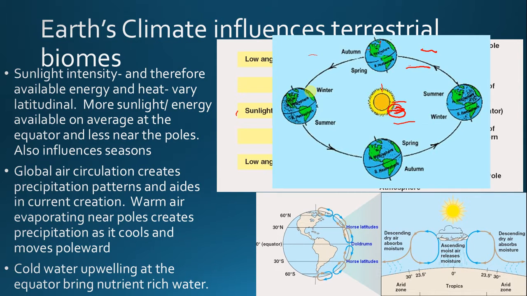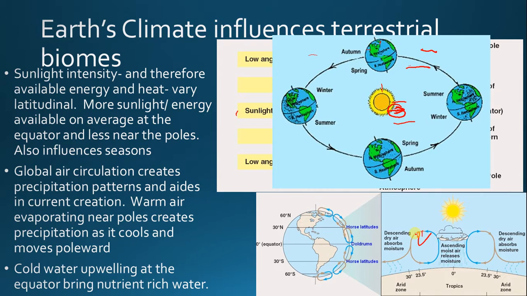Global air circulation, also due to uneven heating from the sun, creates precipitation and wind patterns. For example, here in this picture, warm air that is heated directly over or close to the equator rises, and as it rises, it cools and precipitates its condensation. So the rising warm air that's cooling off creates rain and precipitation.